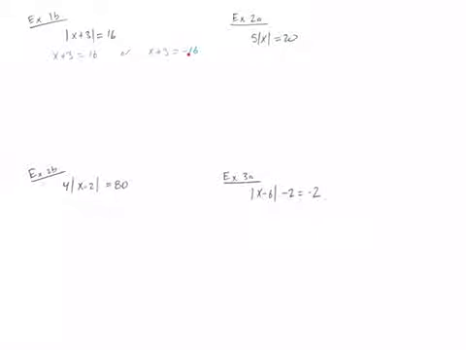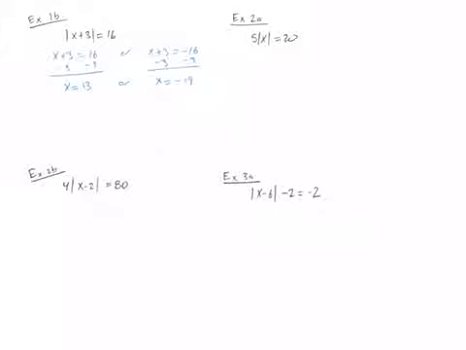So either of these would make it true, so now I just have to solve each of these equations just like I would normally. So I'm going to subtract 3, end up with x is equal to 13. Or, if I subtract 3 over here, I'd end up with x is equal to negative 19.